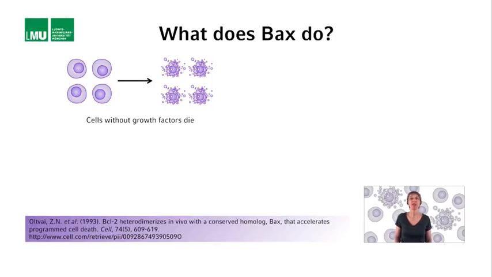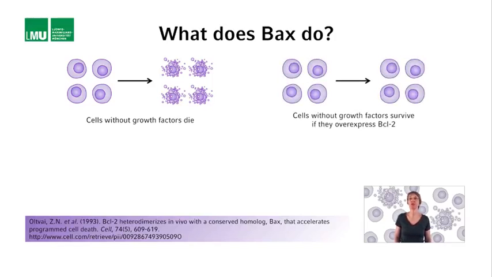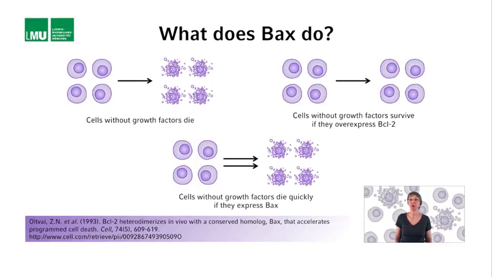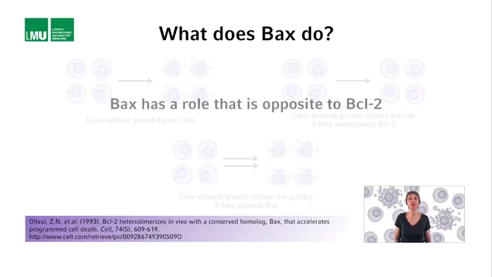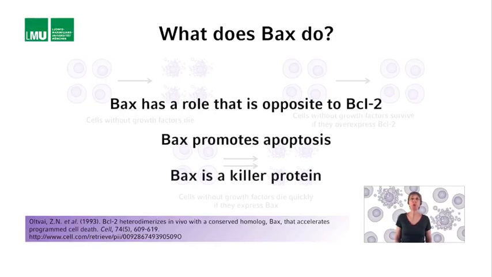In contrast, cells overexpressing BCL2 survive even in the absence of growth factors. What Korsmeyer and colleagues found is that after growth factor removal, cells expressing Bax died even faster than control cells. What did this mean? It suggested that rather than blocking apoptosis, the Bax protein promotes or accelerates apoptosis. Bax is a killer protein, a protein with pro-apoptotic function.